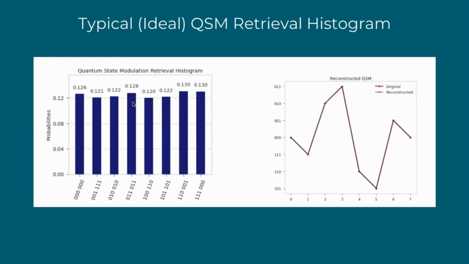But when you do this on simulation, you have the superposition, and the only states that can possibly be measured are the states which have the timestamp and the corresponding amplitude. And this is a perfect reconstruction of the audio signal.